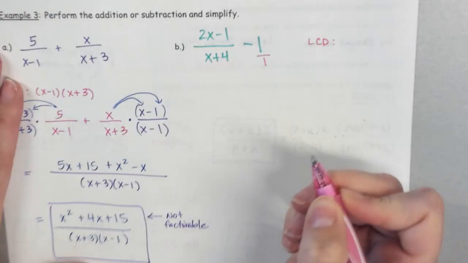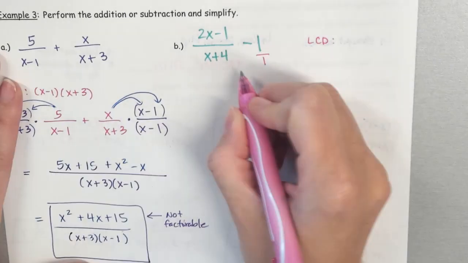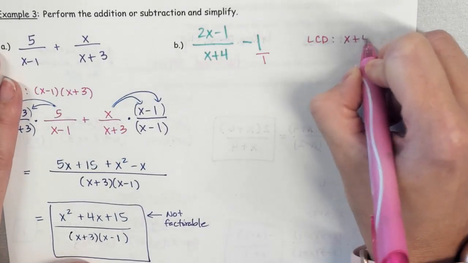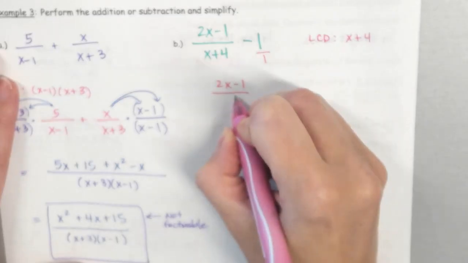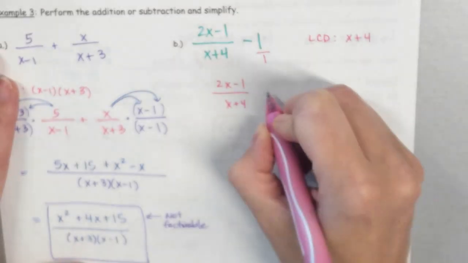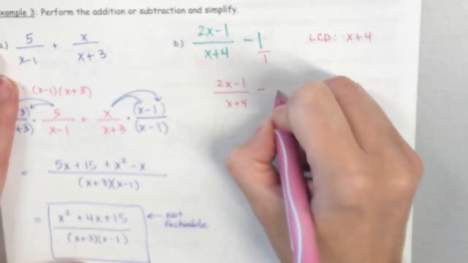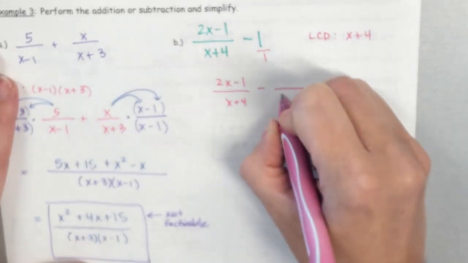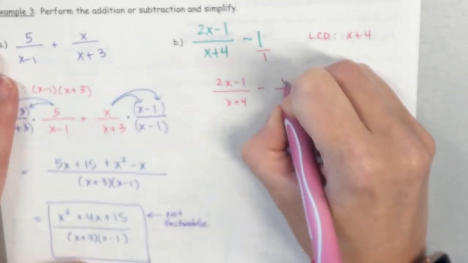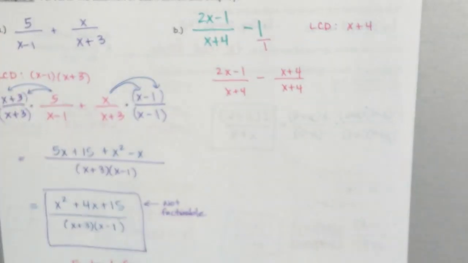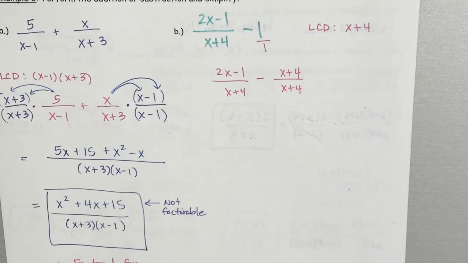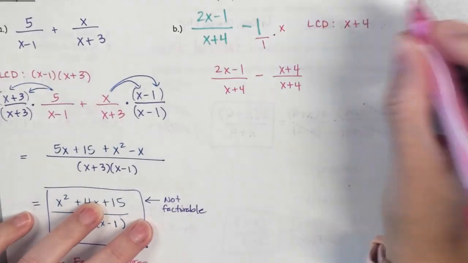That's your denominator. So if you multiply those together, it's just x plus 4. So when you're doing this, you have 2x minus 1 over x plus 4, and then it's going to be minus, when you multiply that, it's going to be x plus 4 over x plus 4. Okay, because we would multiply this to get there.